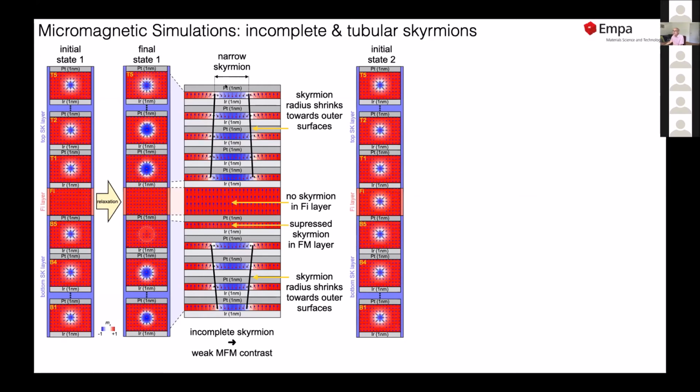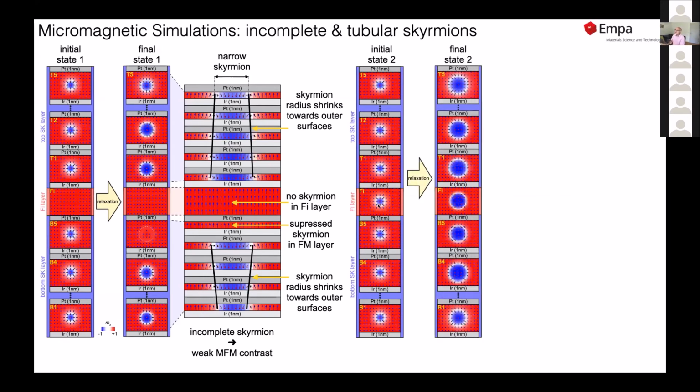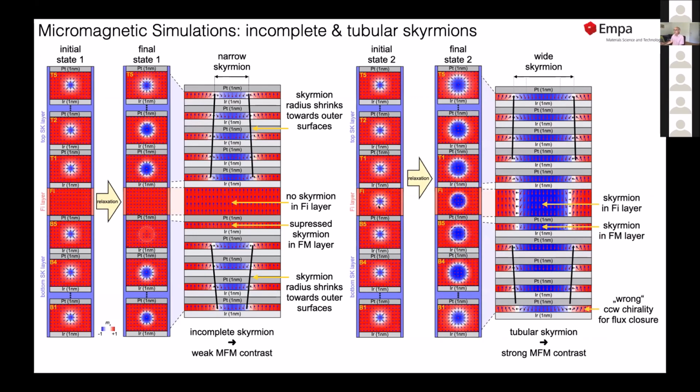And as expected for the negative DMI in this system, we have a clockwise orientation, which is actually the same for all layers here. Now let me relax the second initial state, where we have a skyrmion in the ferrimagnet. And if you relax this one, we get a totally different result. First, the skyrmions are very much larger. And then there are a lot of interesting details here. First of all, we have a skyrmion in the ferrimagnet now. And we have also a skyrmion in the topmost layer of the bottom skyrmion generator.